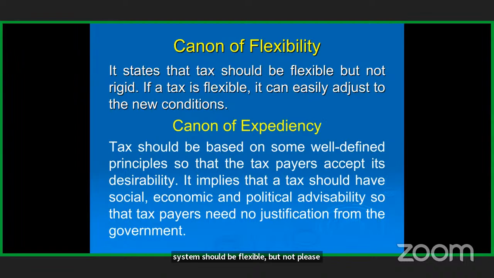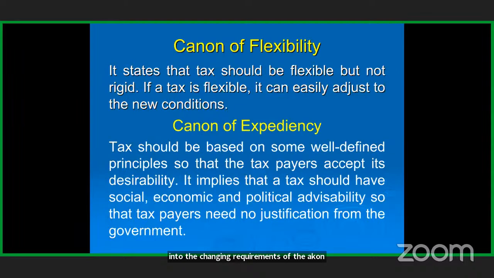So friends, if a tax is flexible, it can easily adjust to new conditions. It is possible to revise a tax structure so as to fit into the changing requirements of the economy.